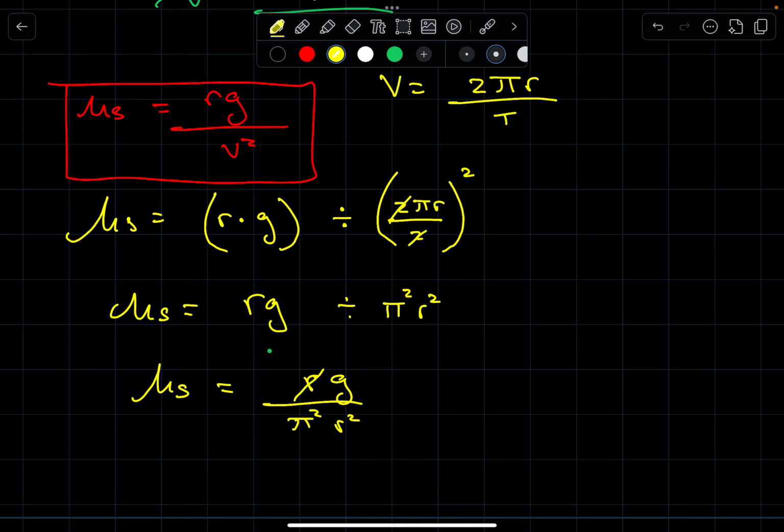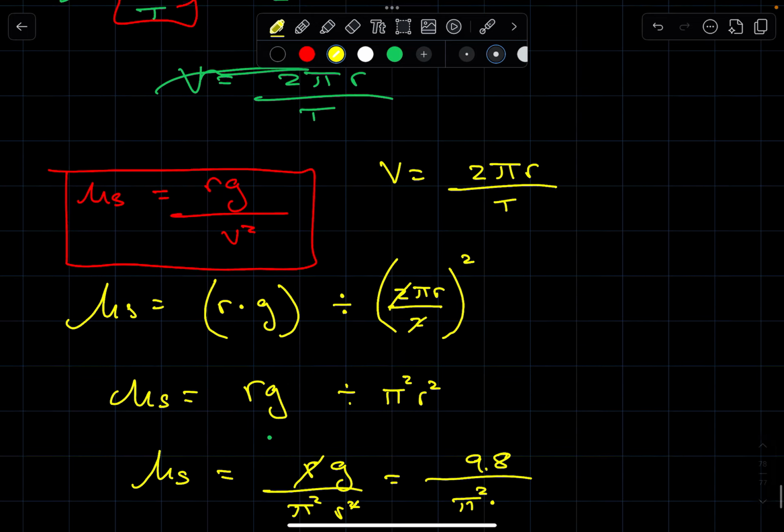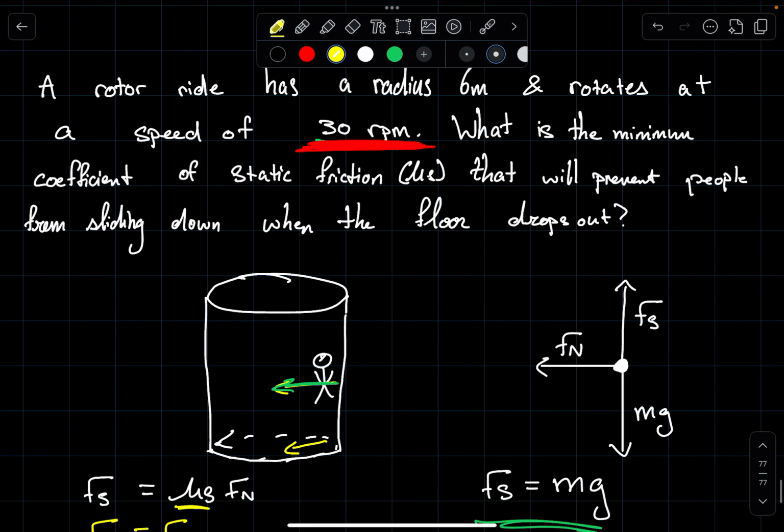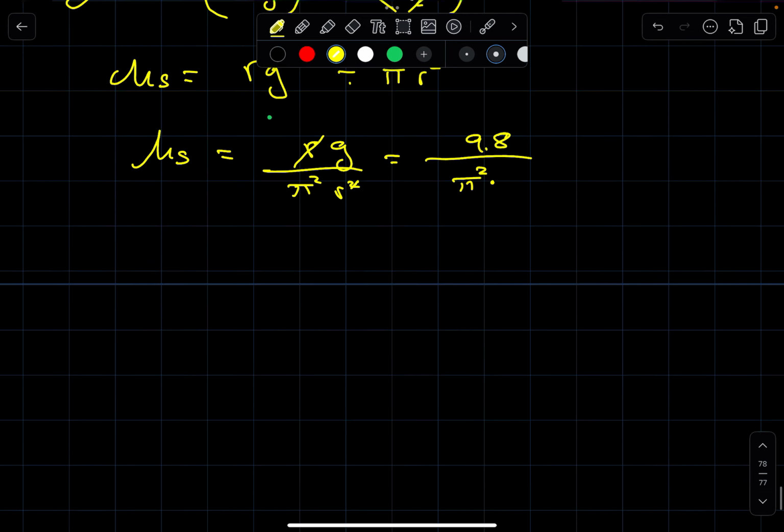This r cancels out the r squared, and so it is 9.8 over pi squared times the radius, which in this case was 6 meters.